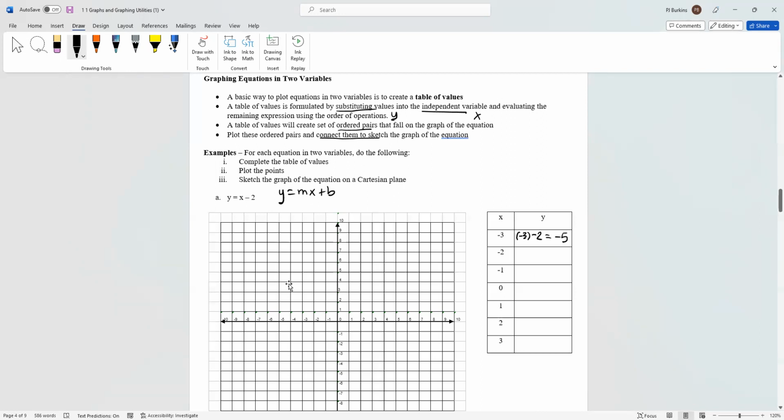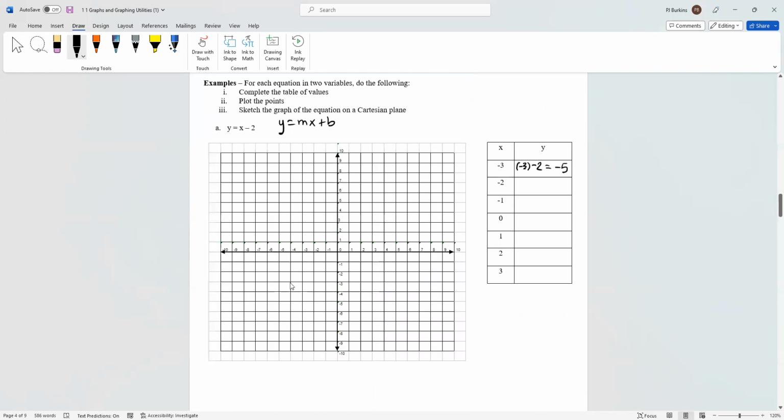Okay. Now I'm just going to keep doing this for each of the values of x. Plug in -2. That's going to give me -2 minus another 2. That's going to be -4. You might start to see a pattern here. And this is because it's a line and because of how the slope is changing.